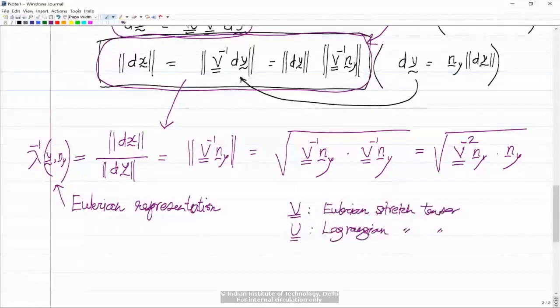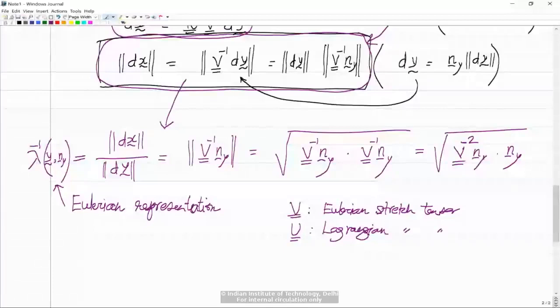Okay. So Subham is asking what is V inverse square? It is simply V inverse whole square. V inverse into V inverse. All right. I hope that this is clear to you.